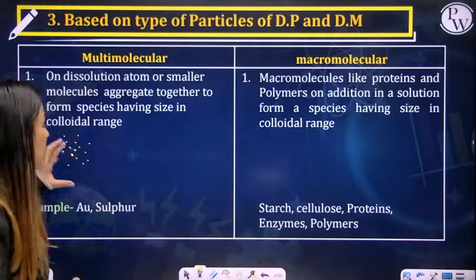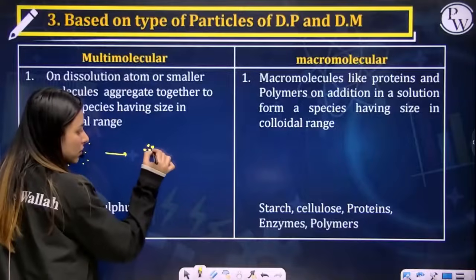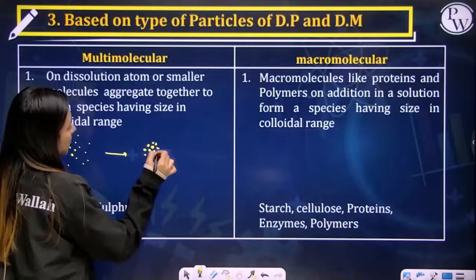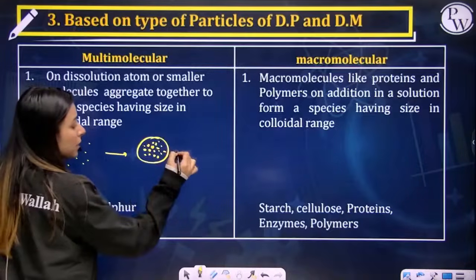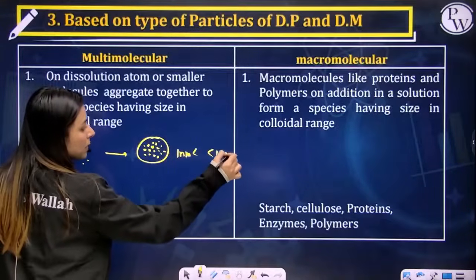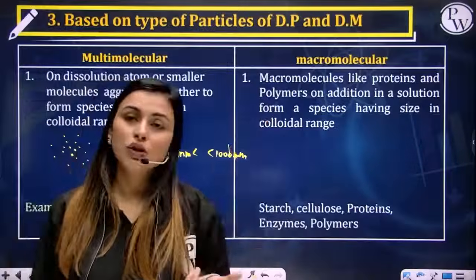What will happen? These small particles will combine together, that is, they will aggregate together, and now the complete size would be between 1 nanometer and 1000 nanometer. So this is what is known as the first, multimolecular colloid.